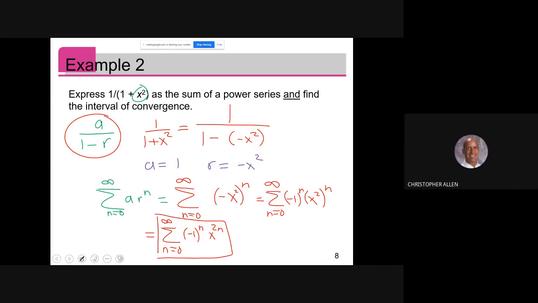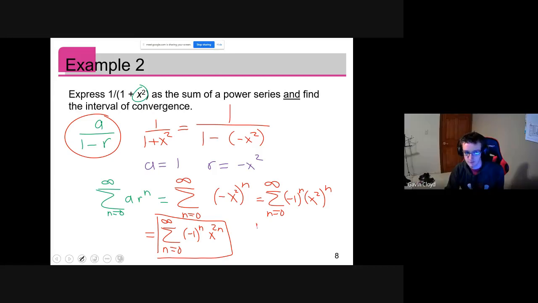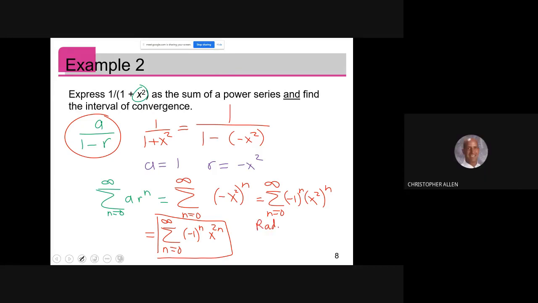It is. So the radius of convergence is 1. So the interval of convergence is -1 to 1, excluding -1 and 1, because again, we're using a geometric series.